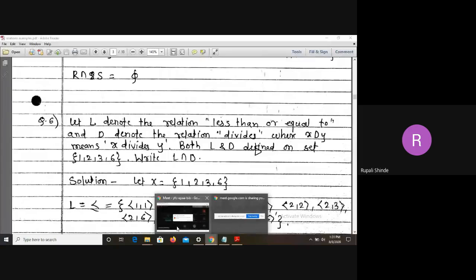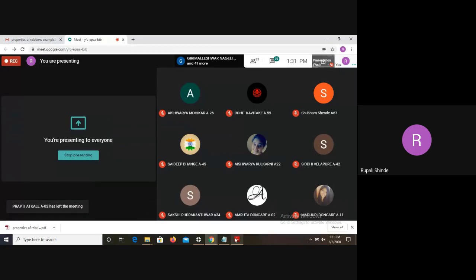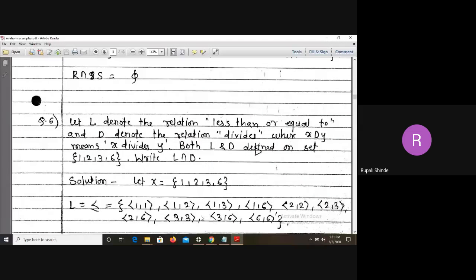Yes. What are those order pairs? Those order pairs must satisfy divides relation.